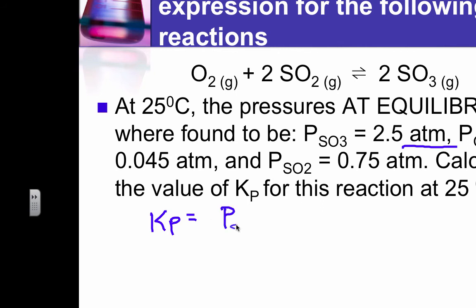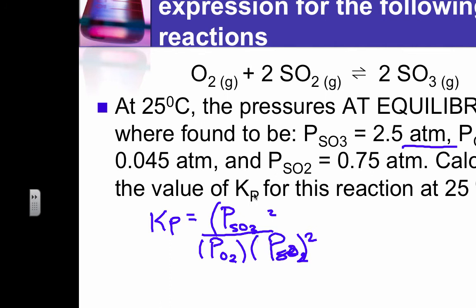So the pressure of sulfur trioxide is squared, and the pressure of oxygen is not squared, but the pressure of sulfur dioxide is squared. How come I keep forgetting to write the pressure in there? There we go. So now let's take the values from our equation.